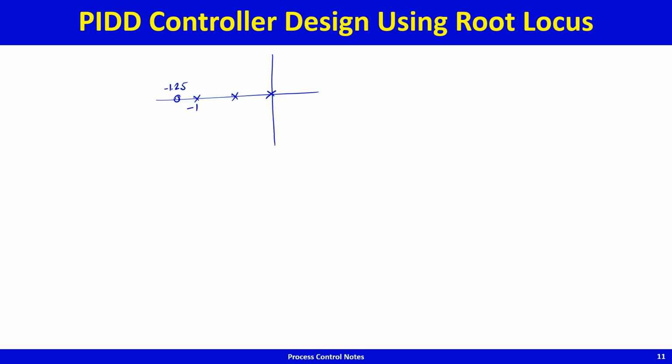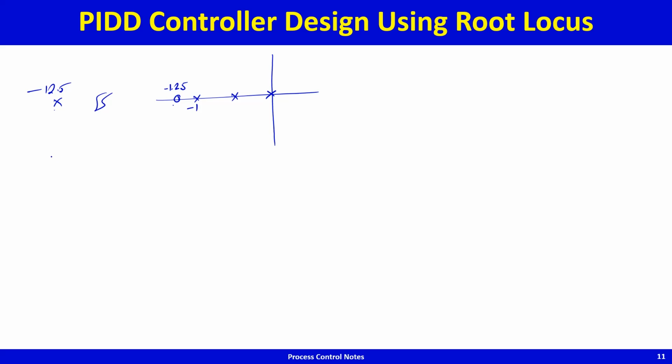And 10 times of that, somewhere over here at minus 12.5, there is a pole. And this is repeated twice, and this is repeated twice.